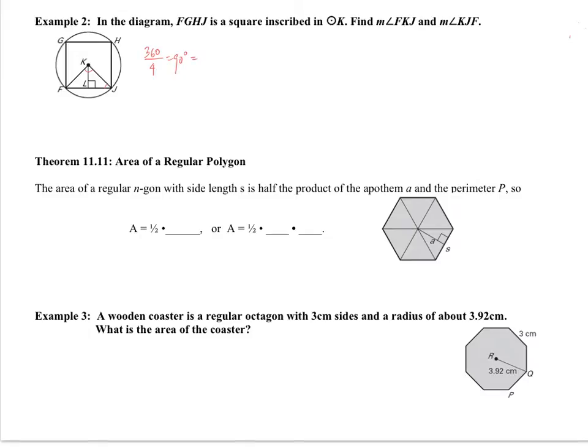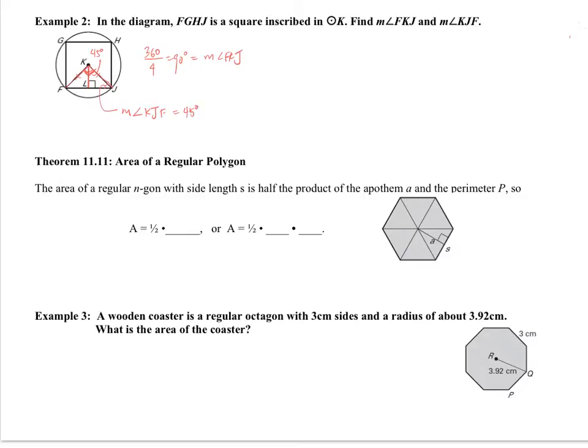And this will equal my measure of angle FKJ. So this is actually a 90-degree angle. And since we have an isosceles triangle here, I know that this would be my angle bisector. So this must be 45 degrees. Therefore, measure angle KJF must be 45 degrees.